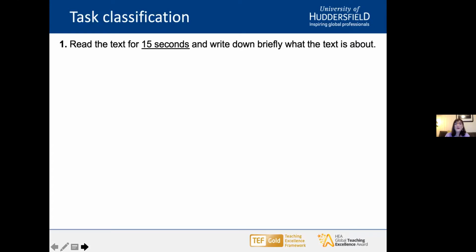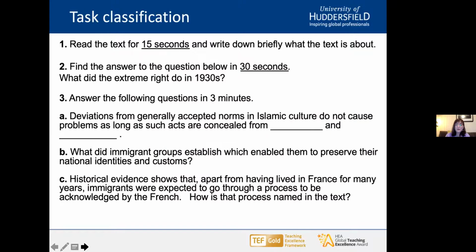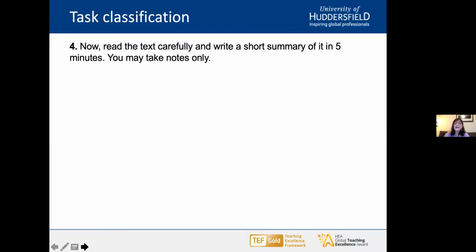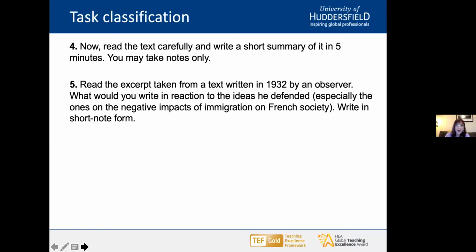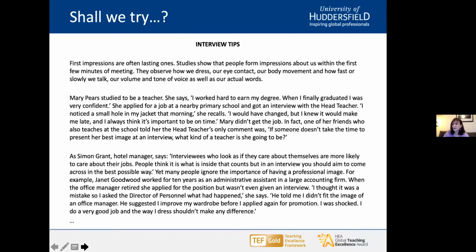Okay, so the first task was a skimming task. The second one was a scanning task, and you can tell the difference between the two. And the third is a search reading task. And the fourth is a careful reading at global level task. And five is again global level, the integration task, and six is a multiple documents, or across documents, reading task.